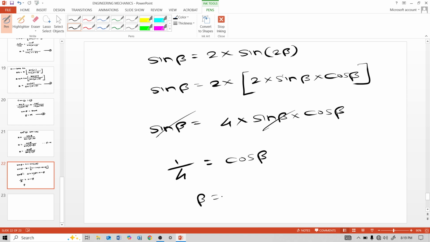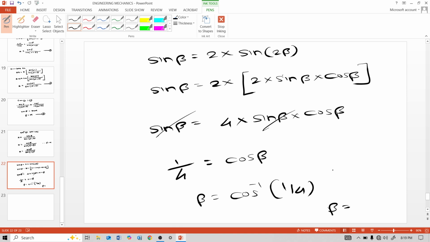So beta is equal to cos inverse of 1 by 4. Just solve it with the help of an engineering calculator: shift cos inverse of 1 by 4. It is 75.522.